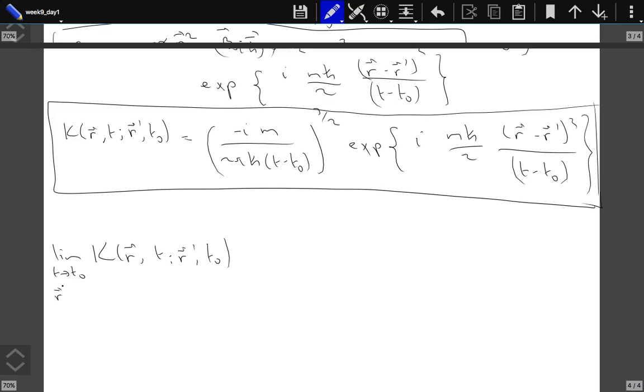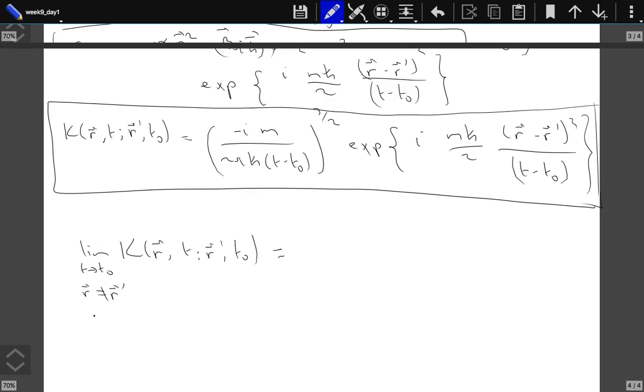Well, let me just check the case r is not equal to r prime first. Well, let's see. I have that prefactor. As t goes to t0, that prefactor just diverges. Okay, which is not that nice. But let's look at the exponential term.